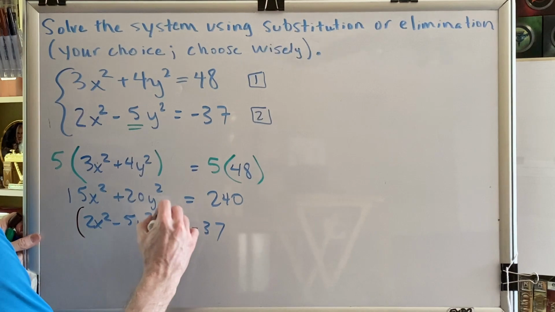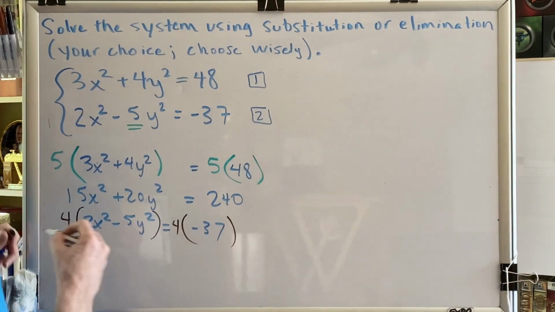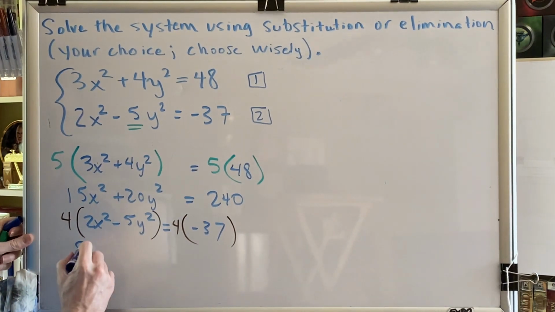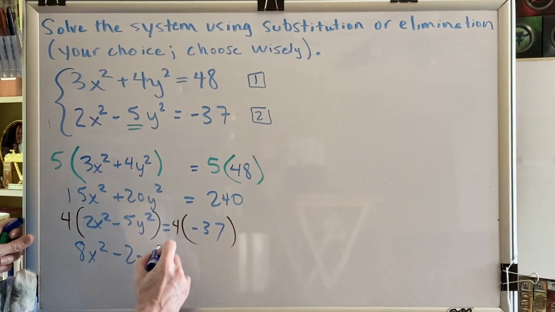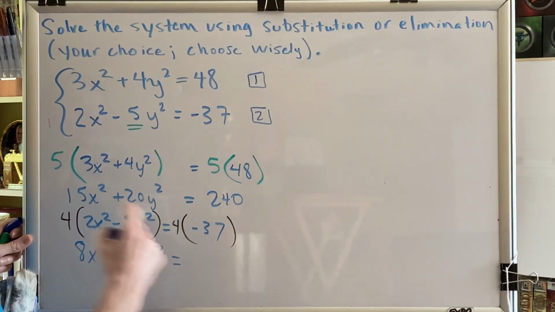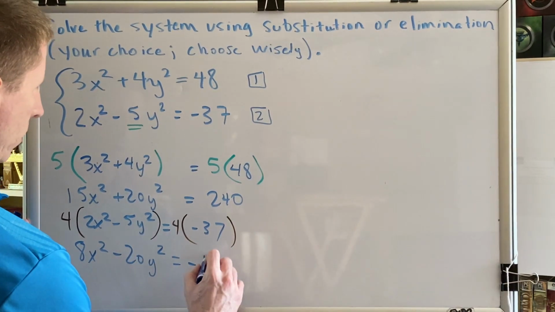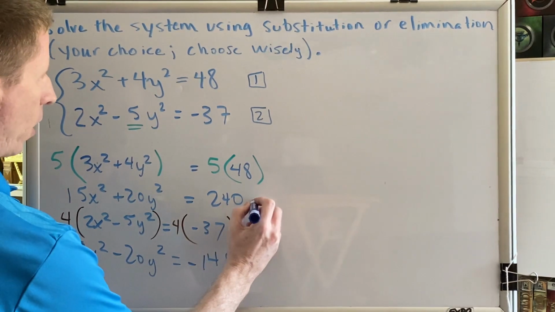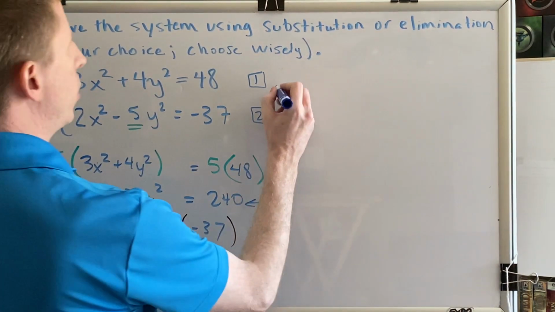So, times 4, and the new equation will be, distributing, 8x squared, distributing, minus 20y squared equals 4 times negative 37, which is negative 148. We're going to take our two new equations and put them together to form a new system.